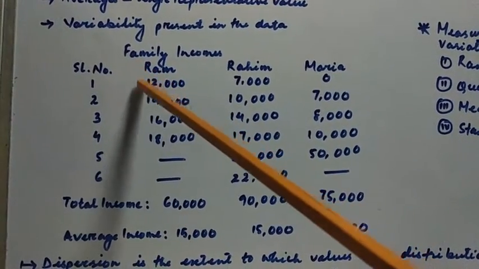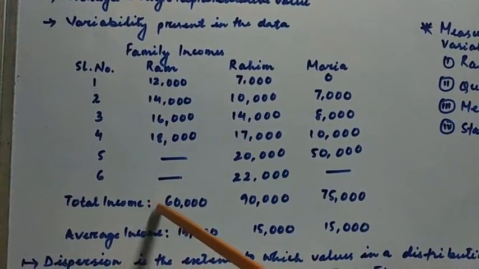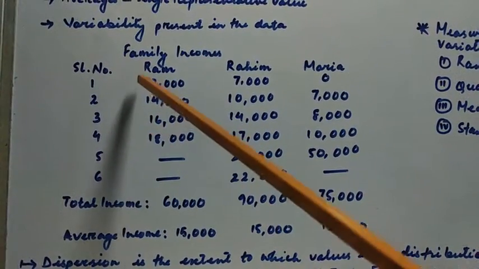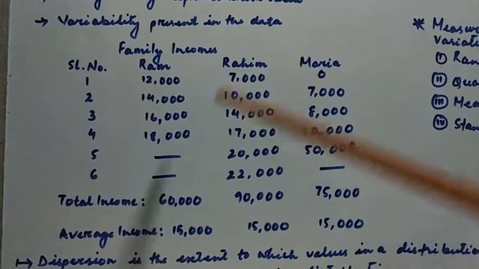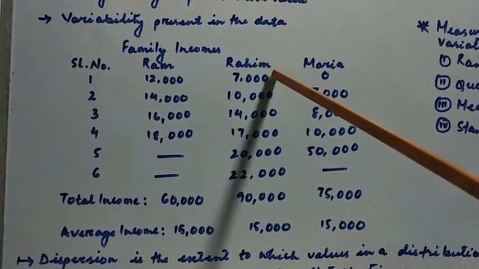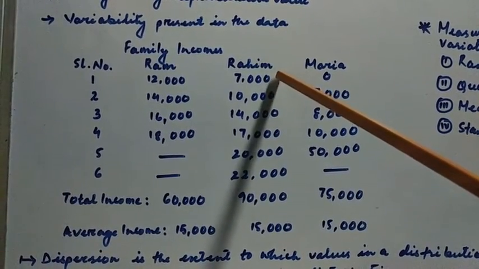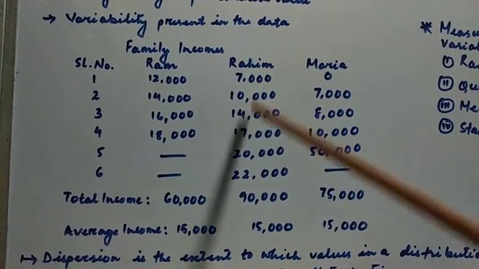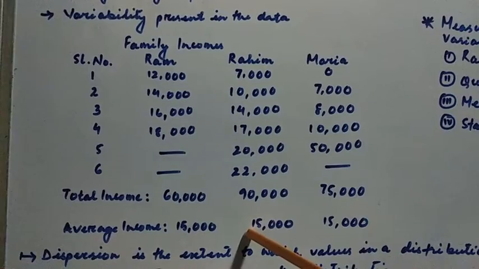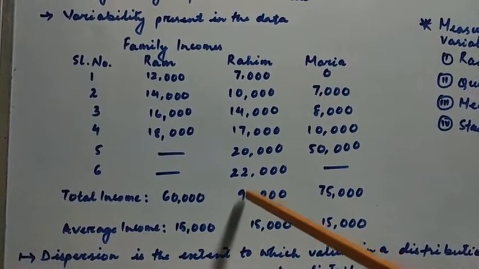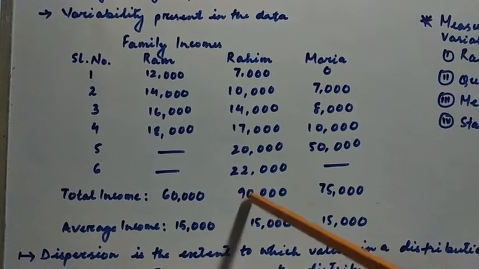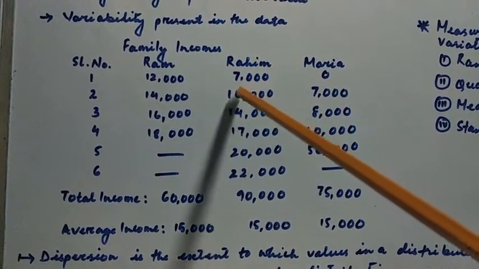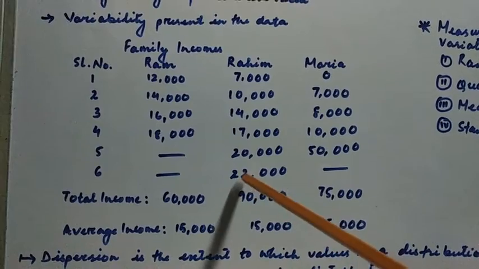The total income is 60,000. Again, Rahim's family has 6 members, the average income is 15,000, but the total income is 90,000.